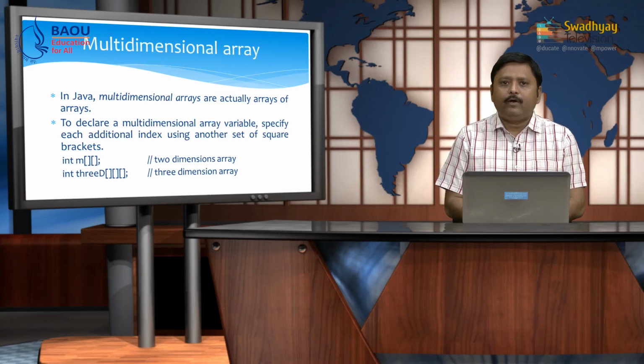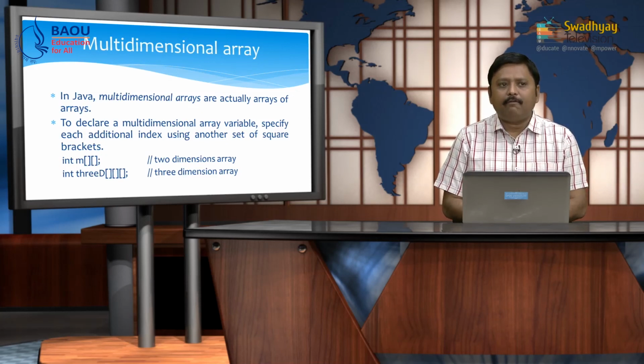So, this kind of data can be represented by a 2-dimensional array, which is also known as a multi-dimensional array. And suppose we have different groups of these types of tables, this is called a 3-dimensional array.